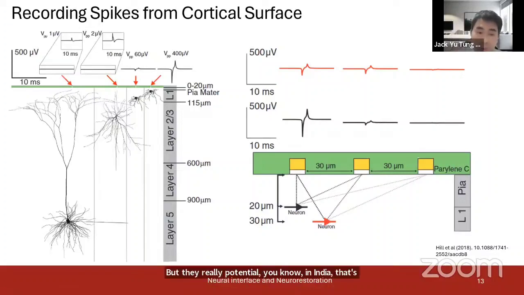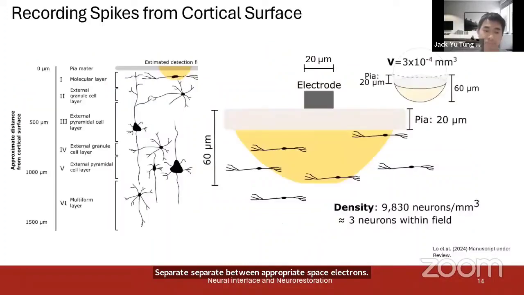The adjacent electrodes can, for example, be used as a reference, as they will receive the same local field potentials from the surrounding brain tissue, but only the spike activity from a neighboring layer 1 neuron will show up in any single channel. And the fact that layer 1 has low neuronal density, as per the previous slide, helps to keep these neural spikes separate between appropriately spaced electrodes, with little cross-contamination by neighboring layer 1 neurons.